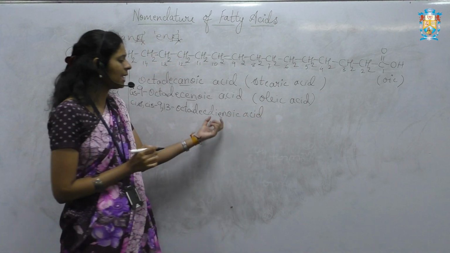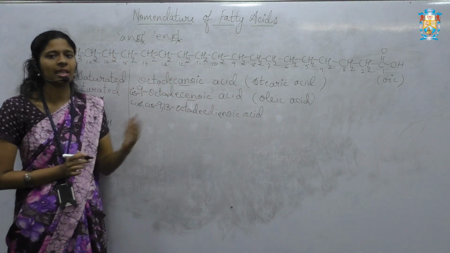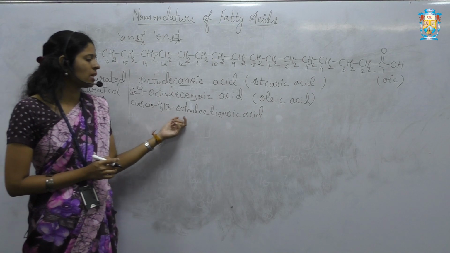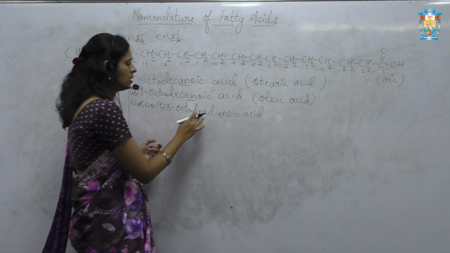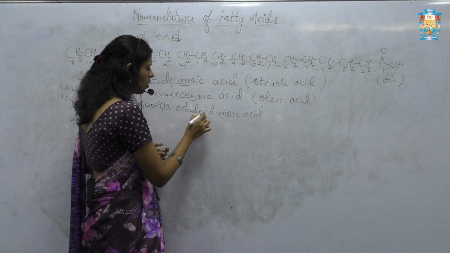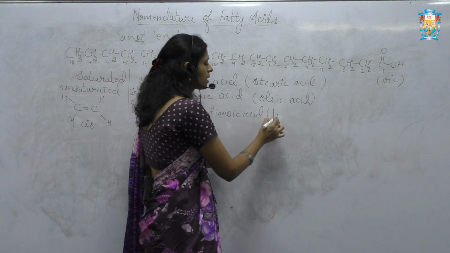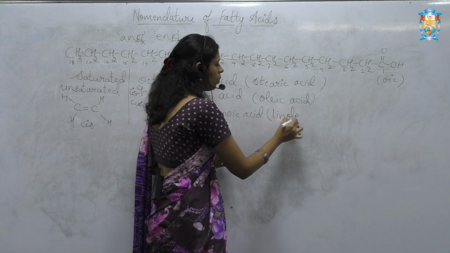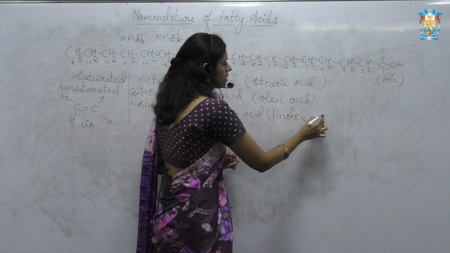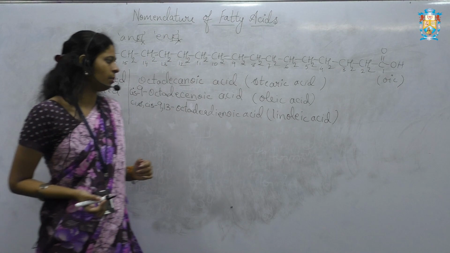We use the word di because there are two double bonds. So it will be octadeca dienoic acid, and this will be called linoleic acid. This is how you name it.